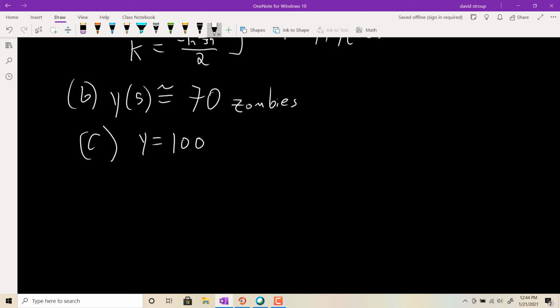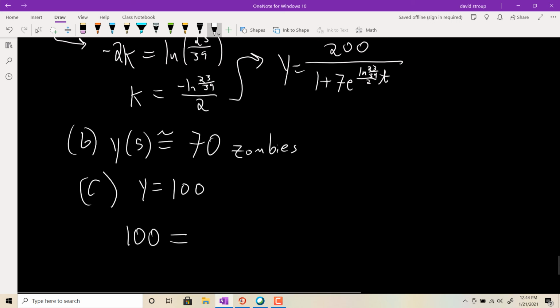You're just going to solve for t in the logistic equation that we made in part A. So 100 equals 200 all over 1 plus 7 e to the negative kt.